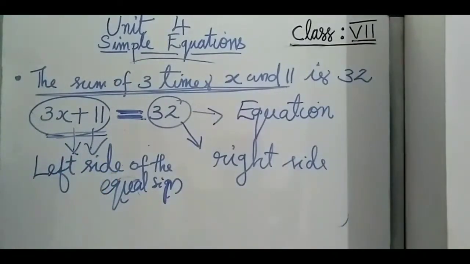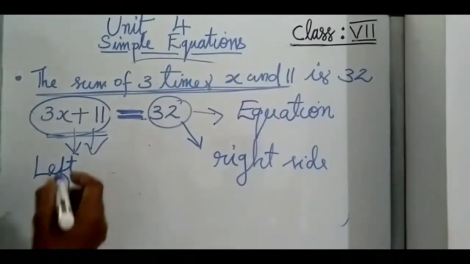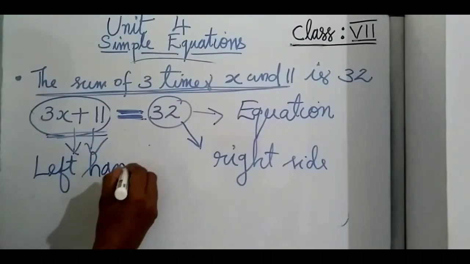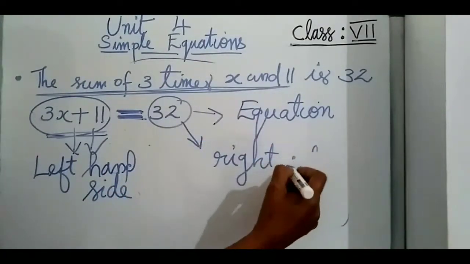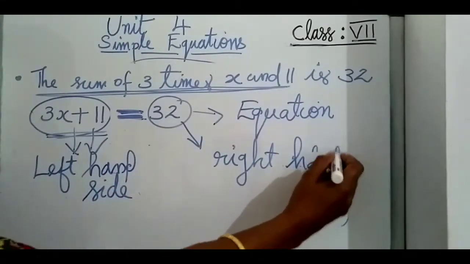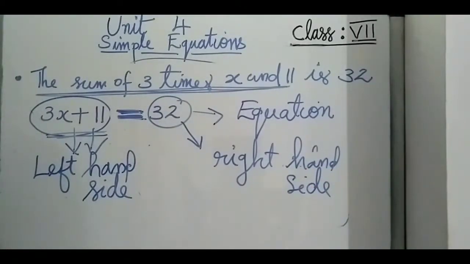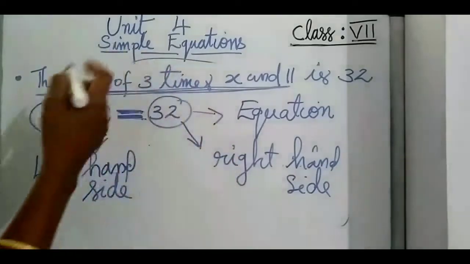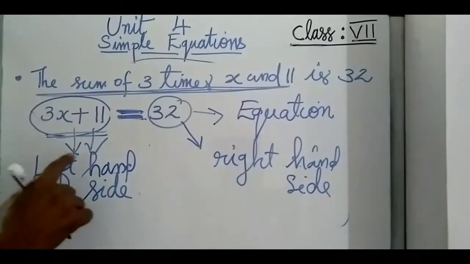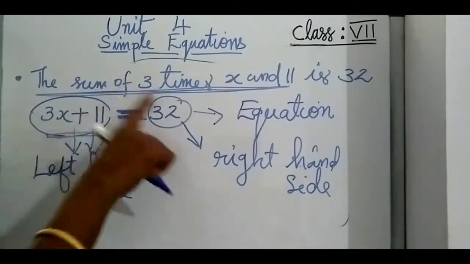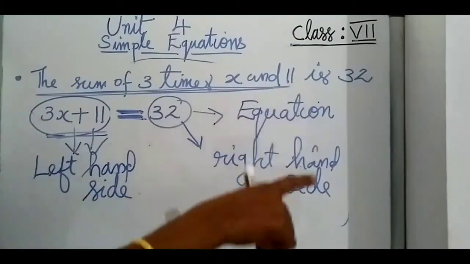One more name is left side, left hand side. This is the right hand side. So the value of the expression to the left of the equal sign is known as left hand side, and to the right of the equal sign is known as right hand side.